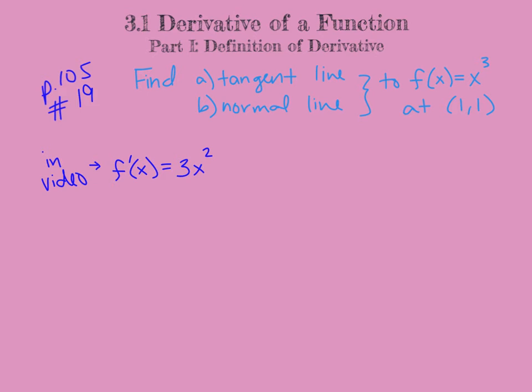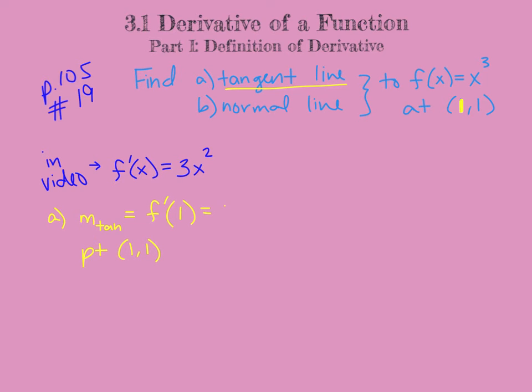So again, to write the equation of a line, I'll do the tangent line in yellow, we need the slope and we need the point. The point is 1, 1, that's given. The slope when x is 1 is plugging into our derivative. Since the derivative equation gives us the instantaneous slope or instantaneous rate of change at any point.